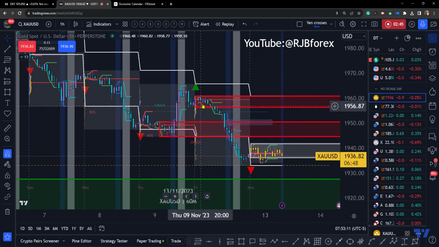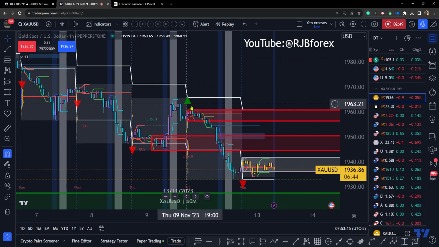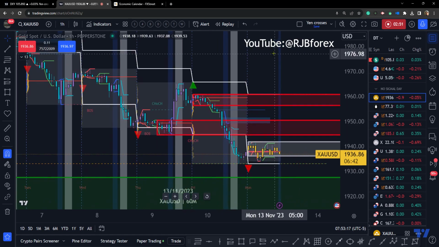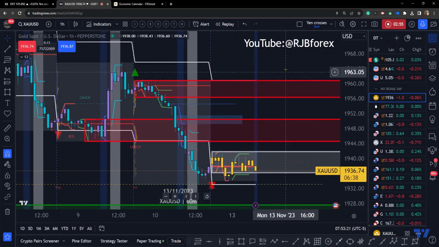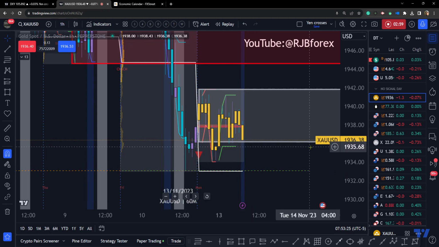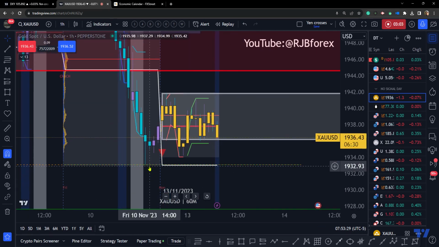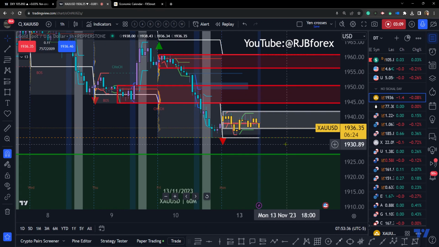Now, instead of continuing going up in line with that bullish correction, it in fact just melted and it printed a fresh low for the week, and that is where the price currently is hovering above. So Friday's low. So it's worth noting that we're just above Friday's low, and there could be prospects of a continuation to the downside.